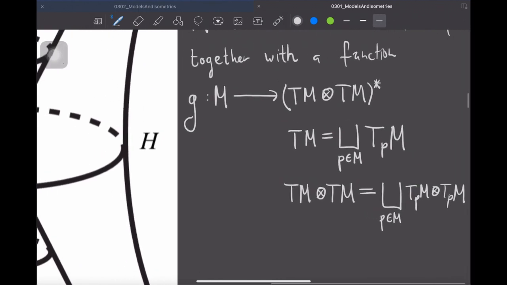And again, I'm not going to say how this actually also becomes a manifold.